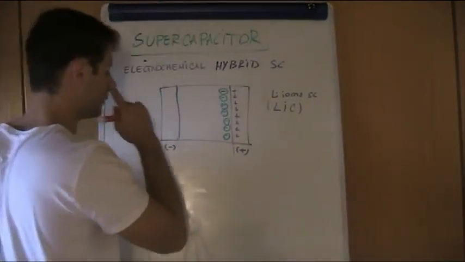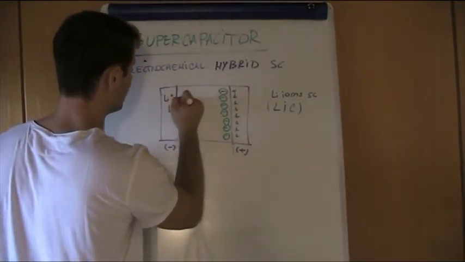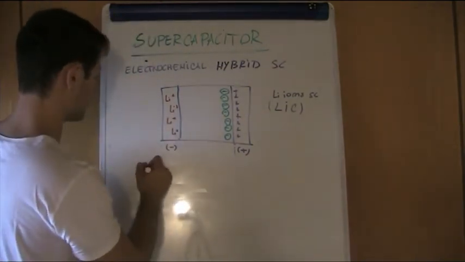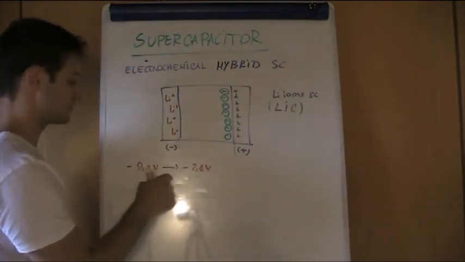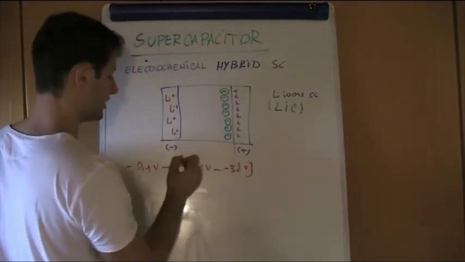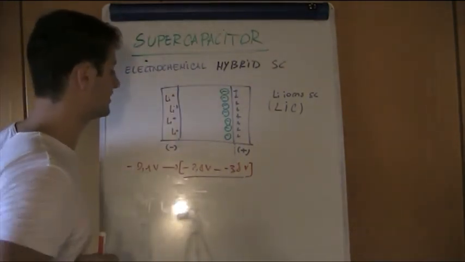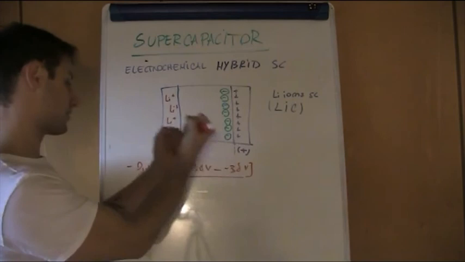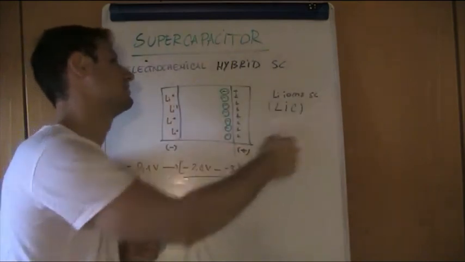And this is due to the fact that we are using a carbon material electrode pre-doped with lithium cations in order to pass from an electrode potential of 0.1 volt to minus 2.8, and minus 0.1 to minus 0.8 or even minus 3.8 volt, and so increase the output voltage a lot, since we remember the output voltage is basically the difference between this potential and this one. The more we can decrease the potential of the negative pole, the higher the output potential will be.